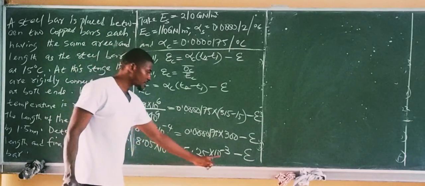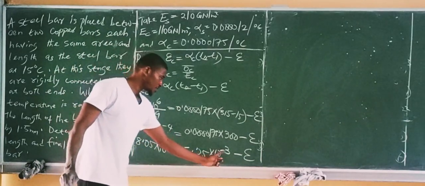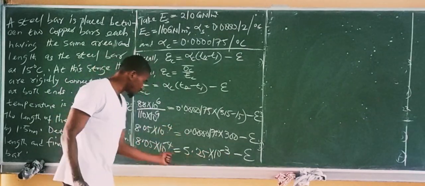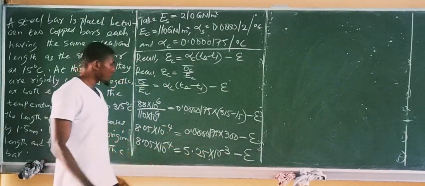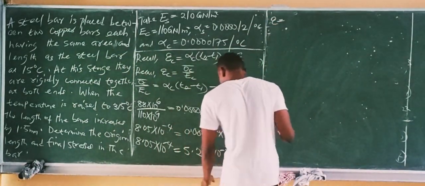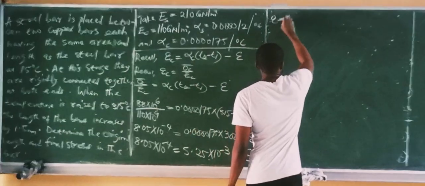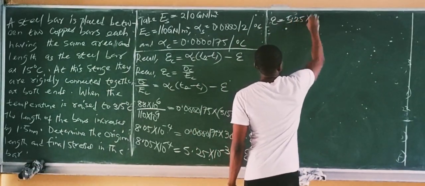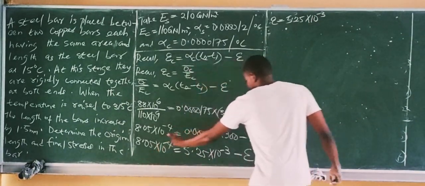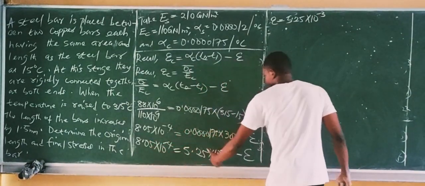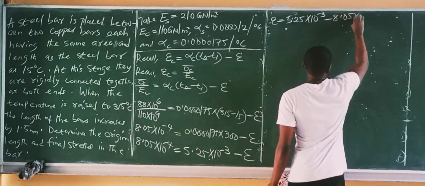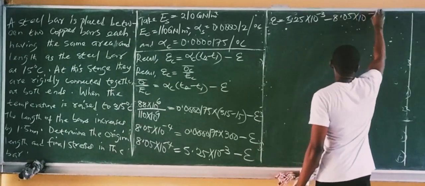Making the common strain the subject of the formula, the negative sign becomes positive, so the common strain equals 5.25 by 10 to the power of minus 3 minus 8.05 by 10 to the power of minus 4.